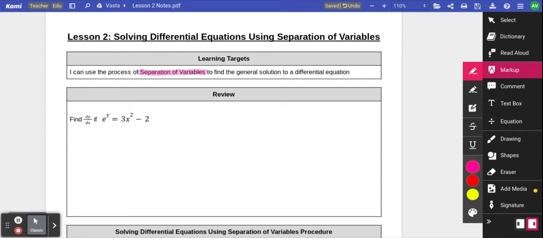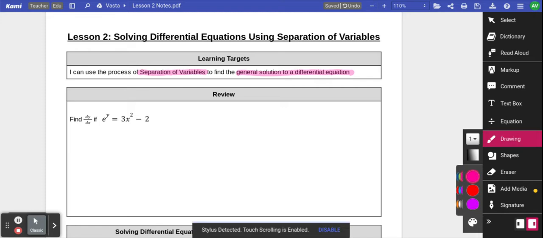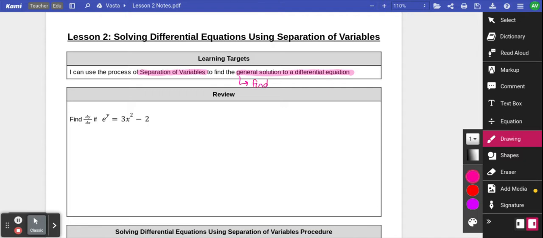Now, this is very similar to what we did in the previous lesson, where we were solving a differential equation, which means that what we're trying to do in this lesson is we're still trying to find the original equation by looking at the derivative. The only difference is the technique that we're going to use today.